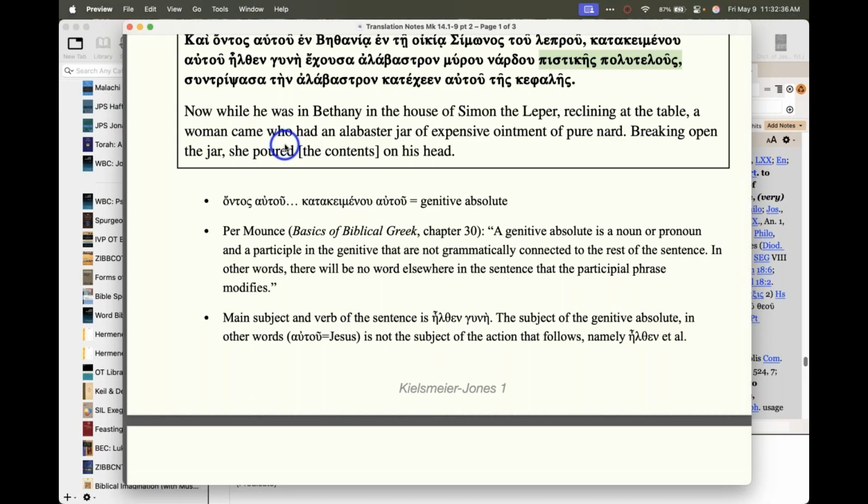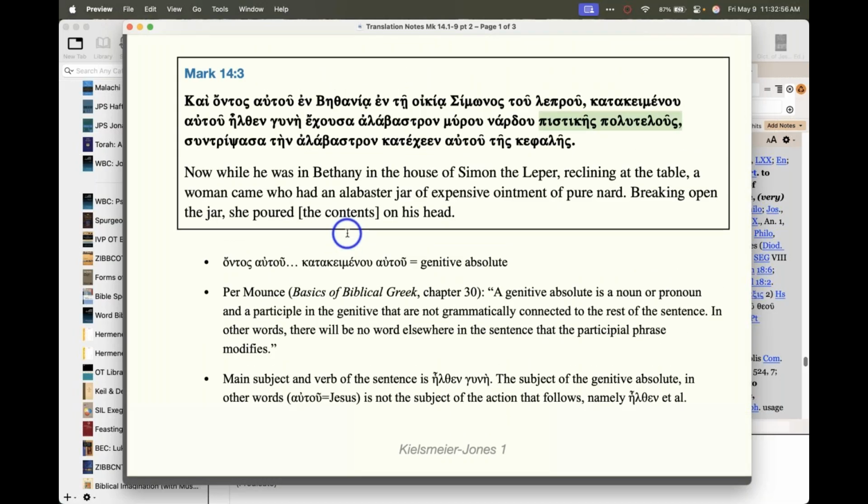I mean, there's some real care here because of the value of the thing. So this suntripsasa, I think, even in how Mark is positioning this story, and how he's giving us these two adjectives here right before the breaking of it, I think he's setting us up for some shock, which in fact is what is going to happen in verse 4 in the initial event.